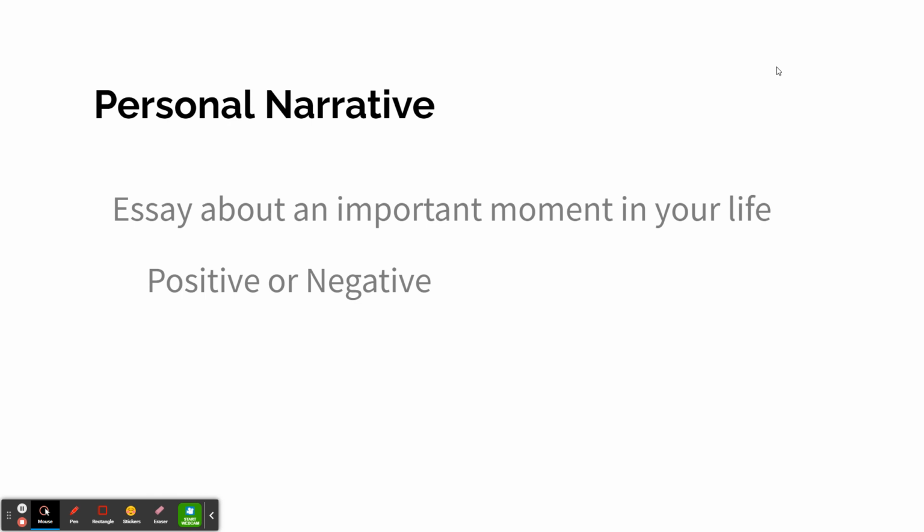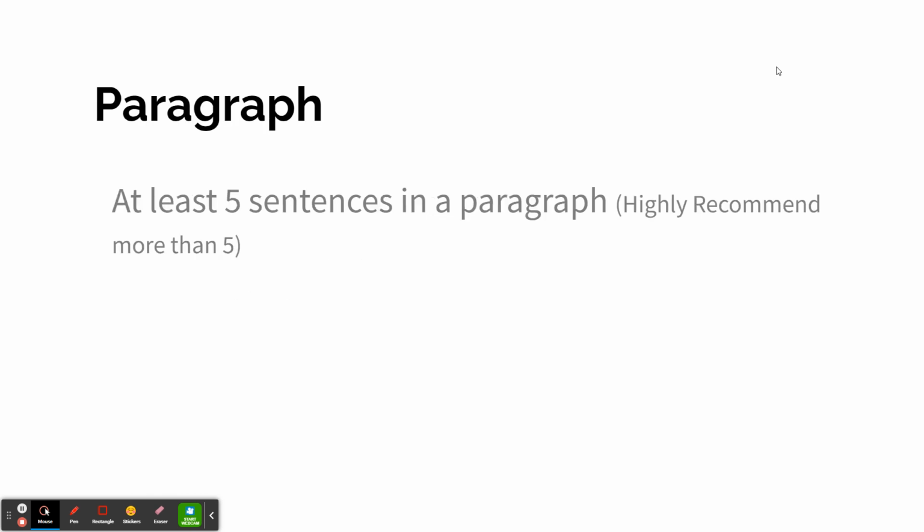Now, what goes into the personal narrative? We want to start with something that could be a review of something very basic, a paragraph. I'm sure all of you know what a paragraph is. And typically you'll hear different versions or different explanations or requirements. But for a very simplistic and very basic definition, paragraphs are usually 5 sentences or more.